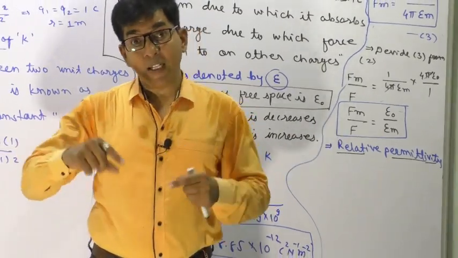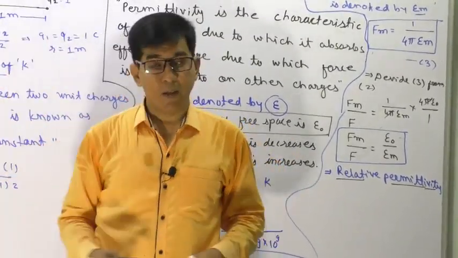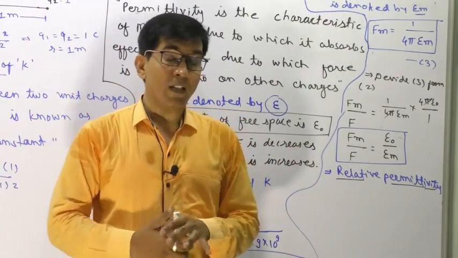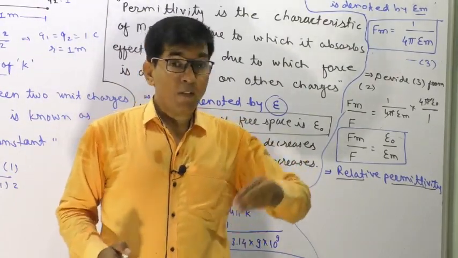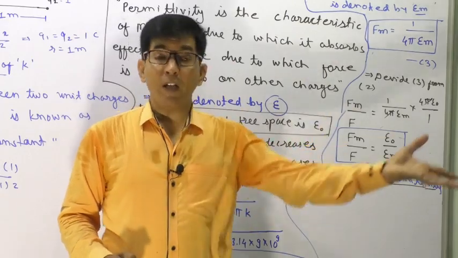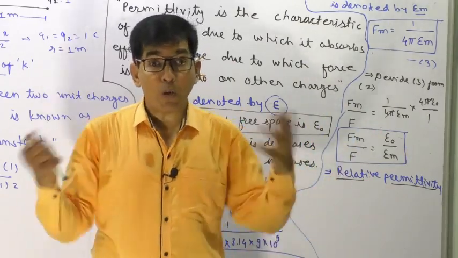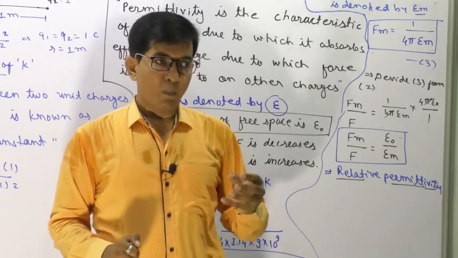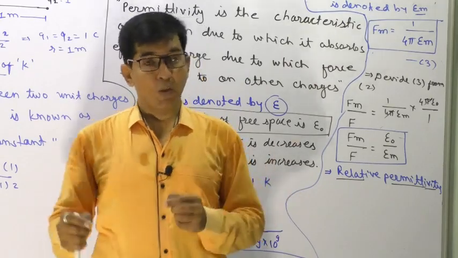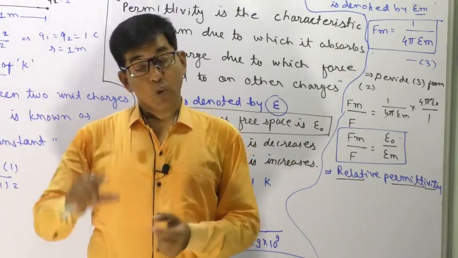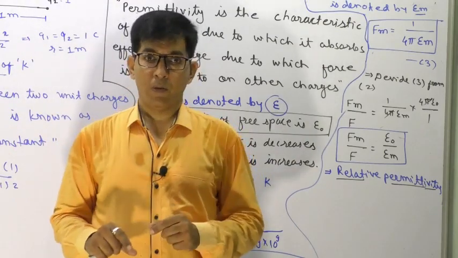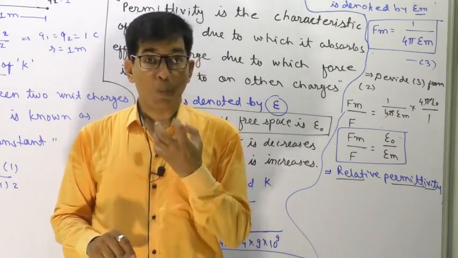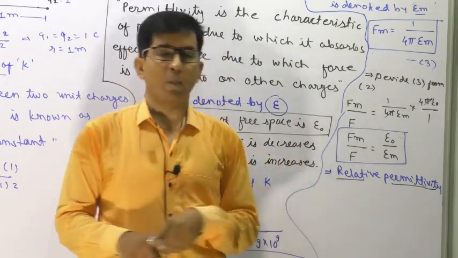If the force decreases, then permittivity will increase. And if permittivity increases, then we can say that permittivity is 30 times or 40 times more than free space. It means permittivity is related to free space. So for this particular ratio, we have decided one more word, which is said to be relative permittivity.